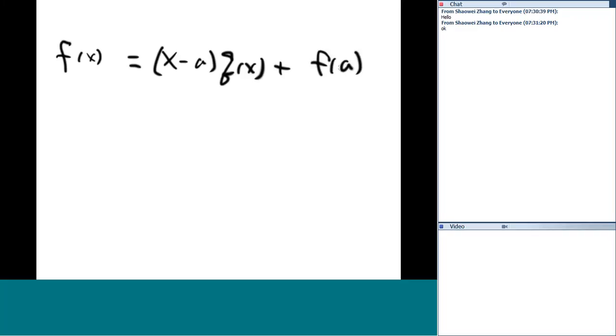So f(x) divided by x minus a, the remainder is always f(a), okay? So x^13, so a equals 1 here, so x^13 plus 1, x equals 1 is always 1 plus 1.